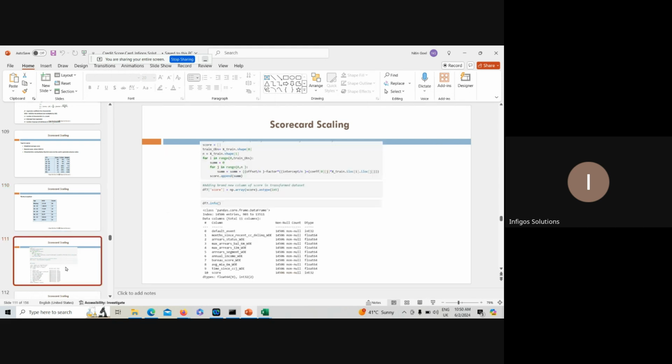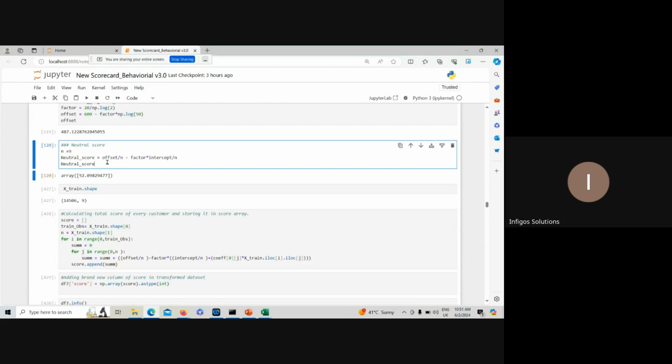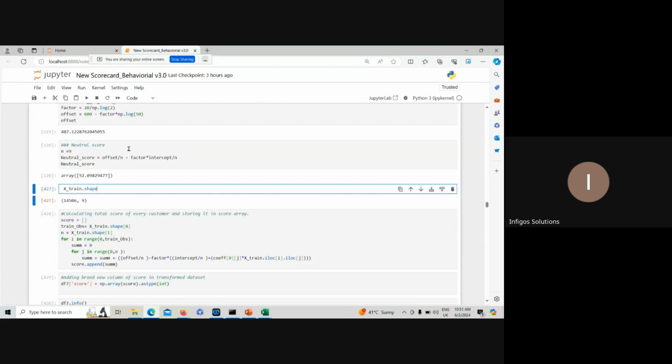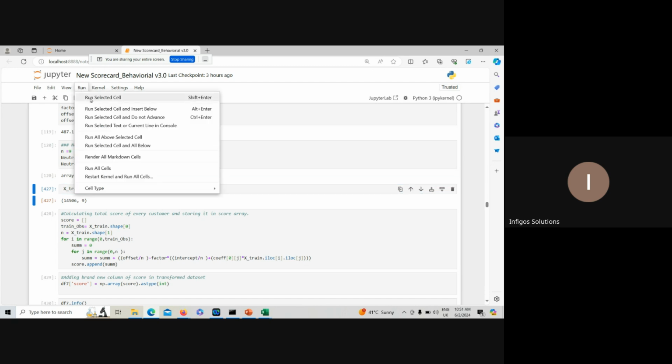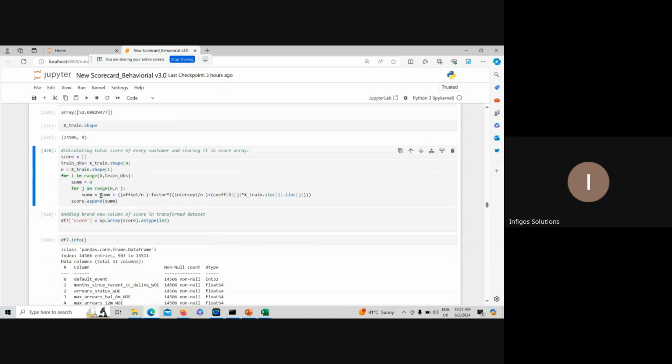And then we go to the scorecard scaling. So let me go back here. We have run this one. So this is how we calculate the scores. If anybody is not clear, please ask.